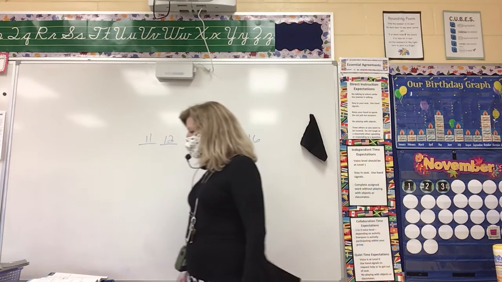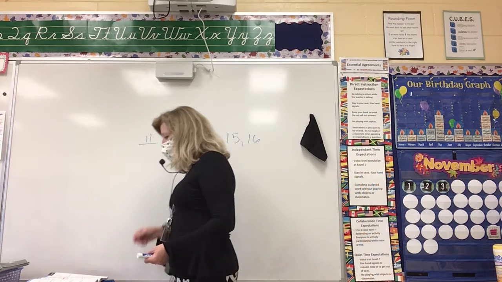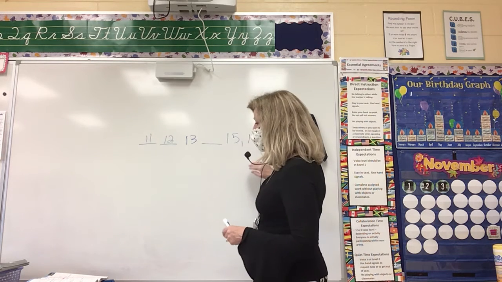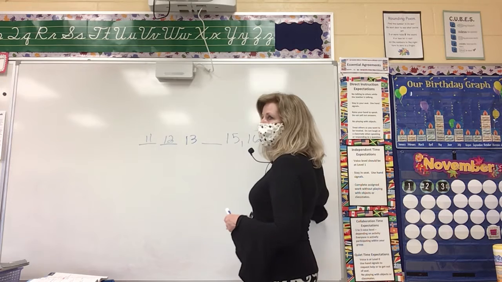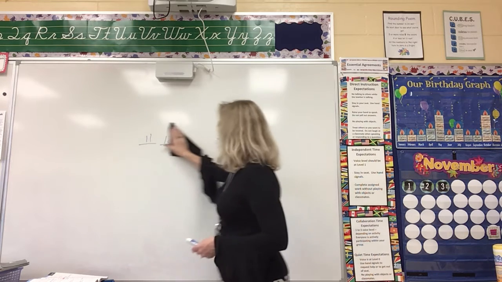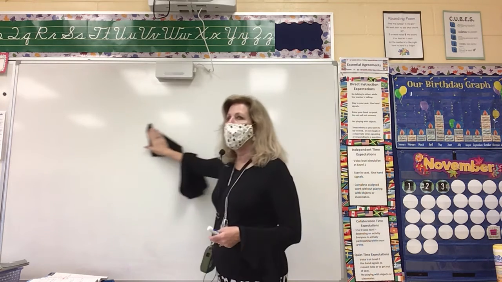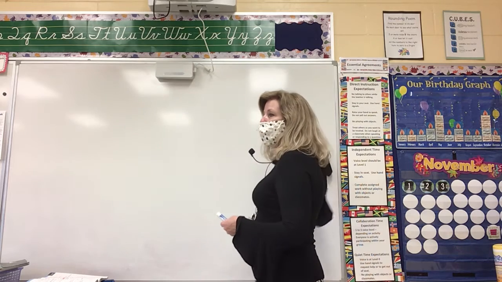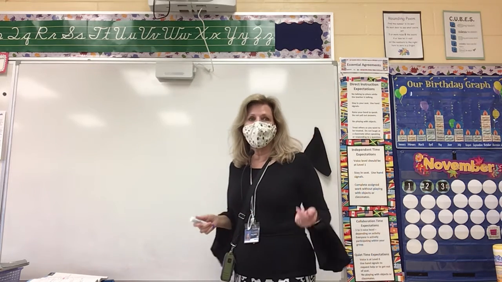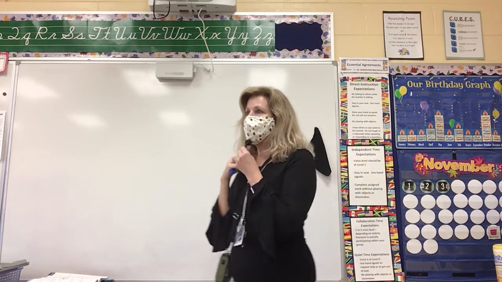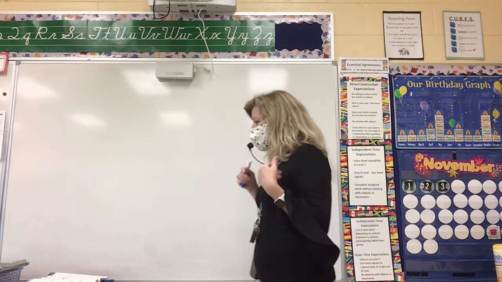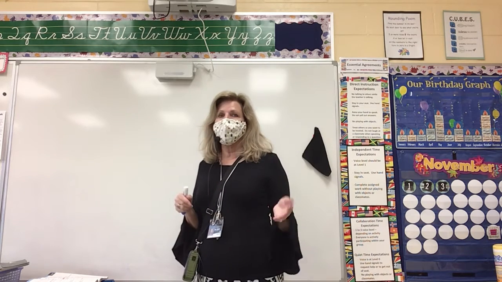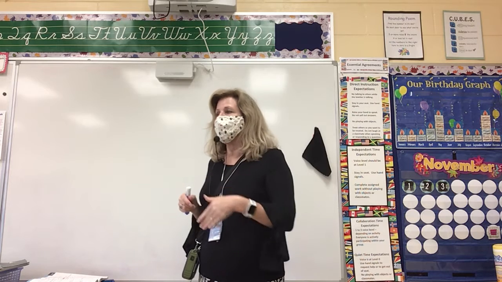Okay. Number 14. So now you're going to write your numbers in order, and this is the most important part here, that you have to read how it wants you to list your numbers. Sometimes it might say from least to greatest, or sometimes it might say greatest to least.